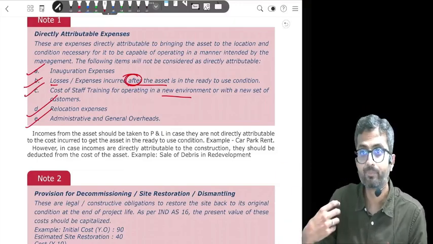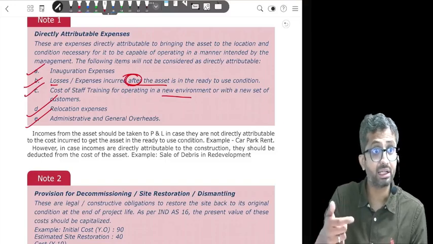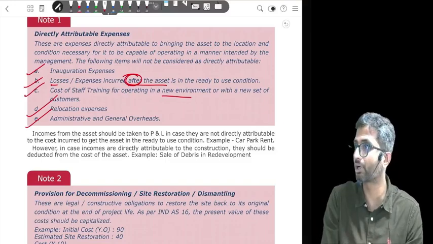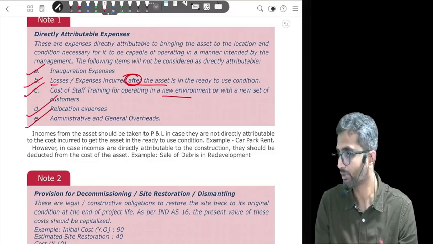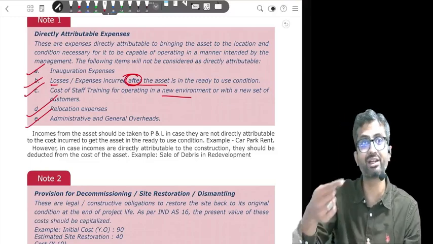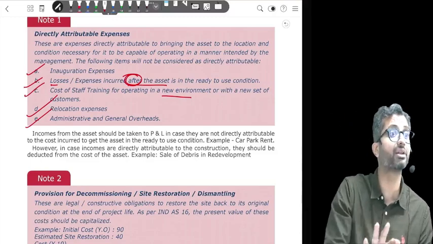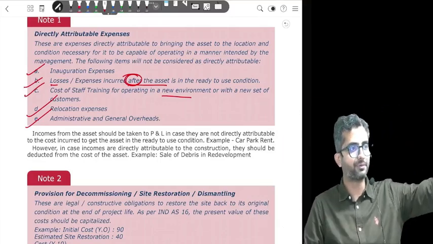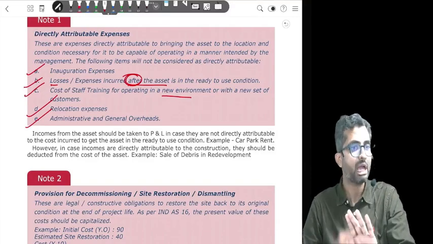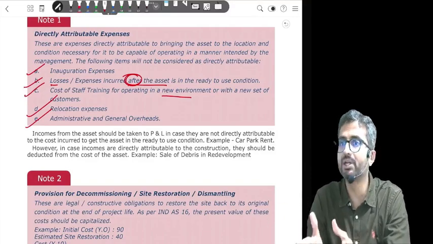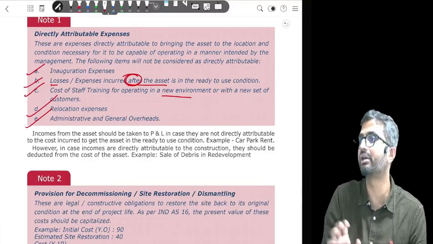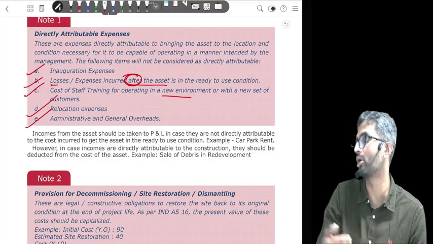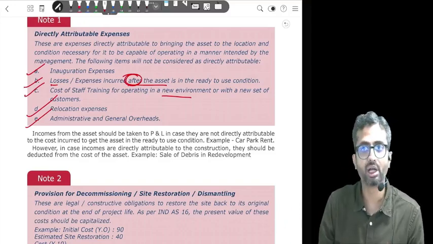Is that income directly linked to a cost of construction, demolition? So can I say my net cost of demolition is 50 minus 10, that is 40? So when I do the redevelopment project, I will say that 50 minus 10, that is 40, is my net cost of demolition. It is directly attributable income. It is directly connected to a cost of construction. Are we clear with this?